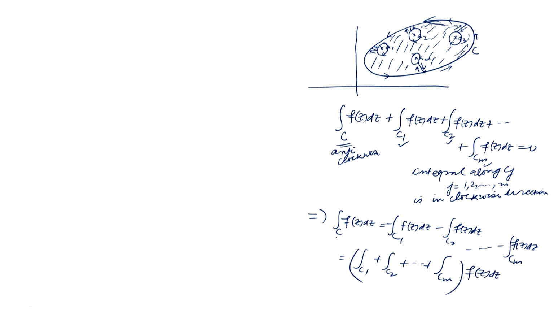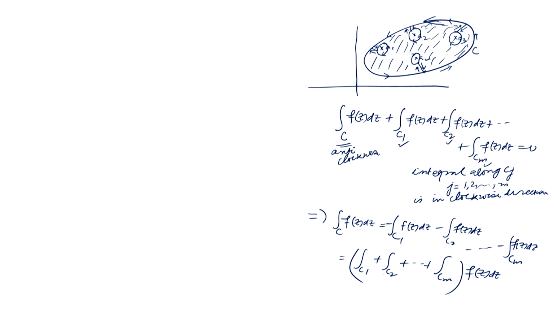Where now all the integrals, the integral along C and the integrals along Cj, j equal to 1, 2, 3 and so on up to m, are in the anti-clockwise direction, because here these integrals were in the clockwise direction. When you put a negative sign, the integral along anti-clockwise is equal to the negative of the integral over clockwise.